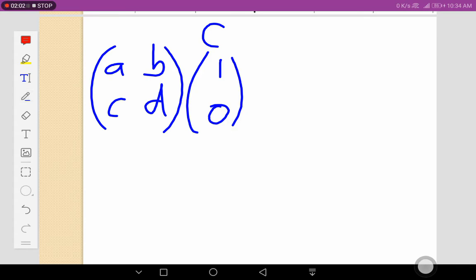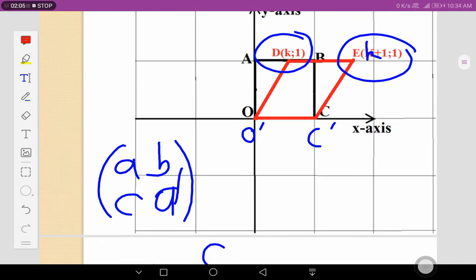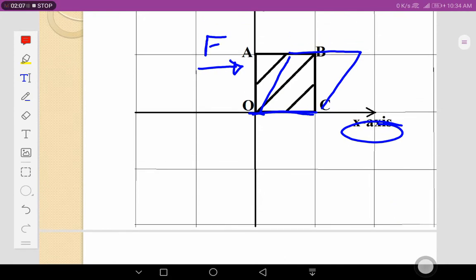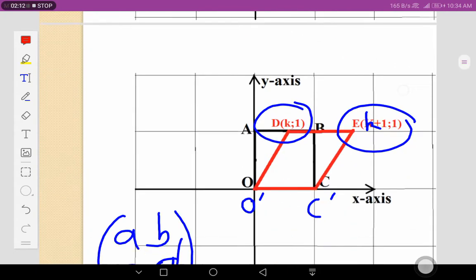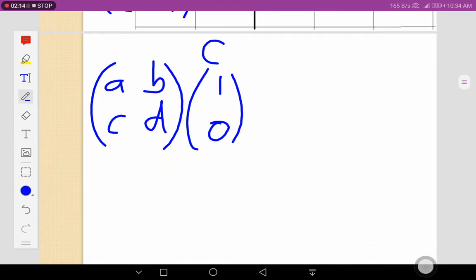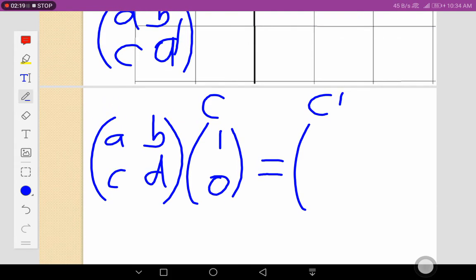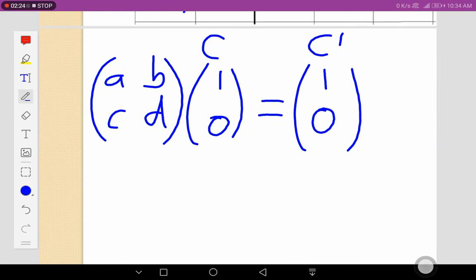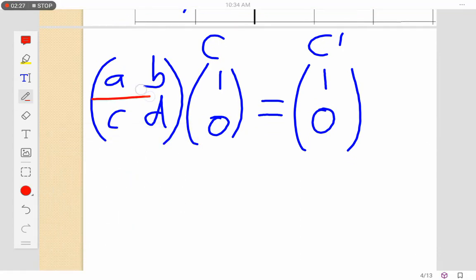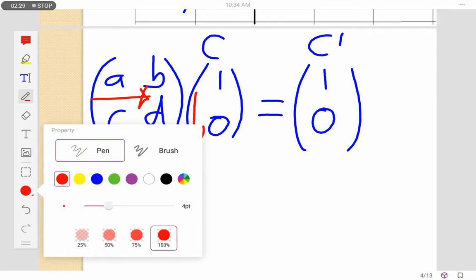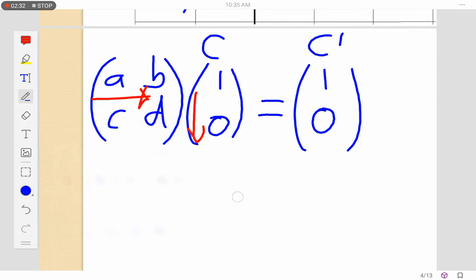This is 1 unit, so we have (1, 0). Then for the image, we said this is not changing, so the image of C remains (1, 0). We do row by column, and we'll get our A and C.